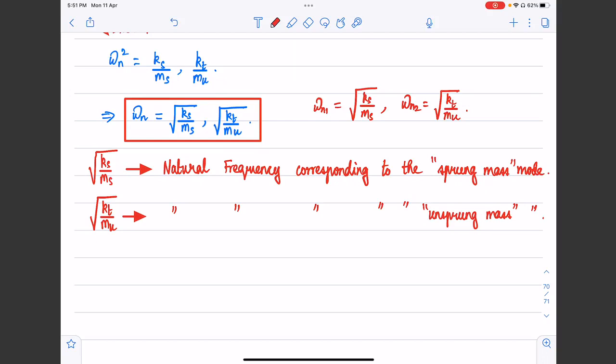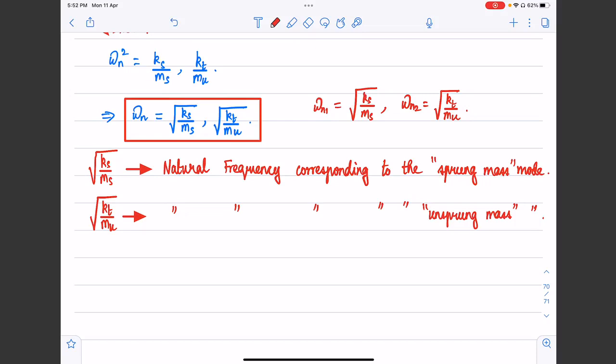So let's say, due to some reason, very unlikely, omega n1 equals omega n2. For an undamped, unforced system, if we perturb both the masses, both of them are going to oscillate at the same frequency. That is the physical interpretation.